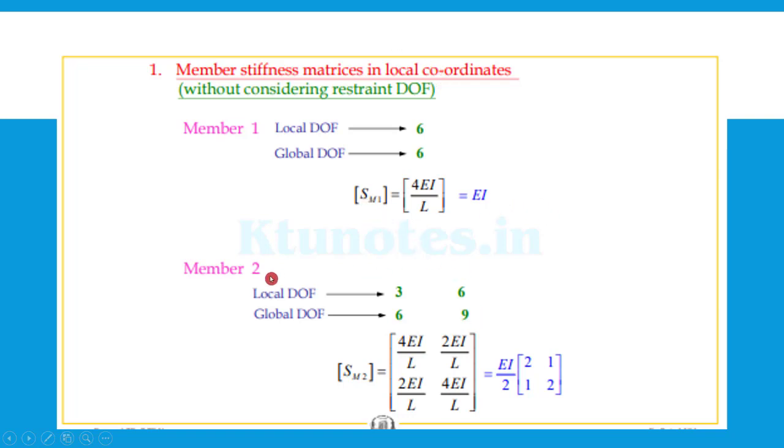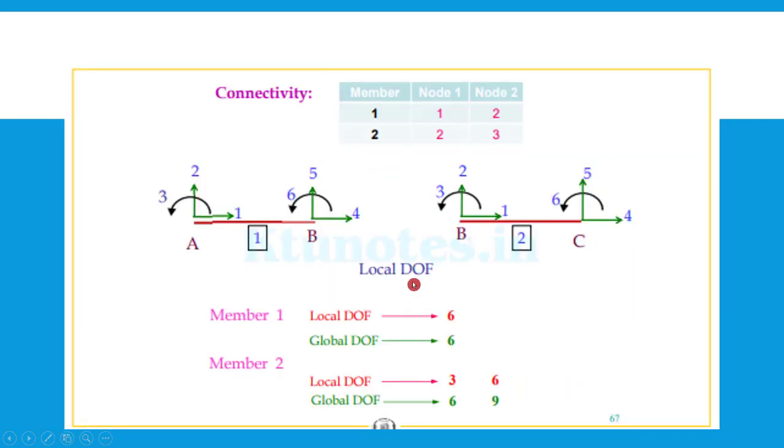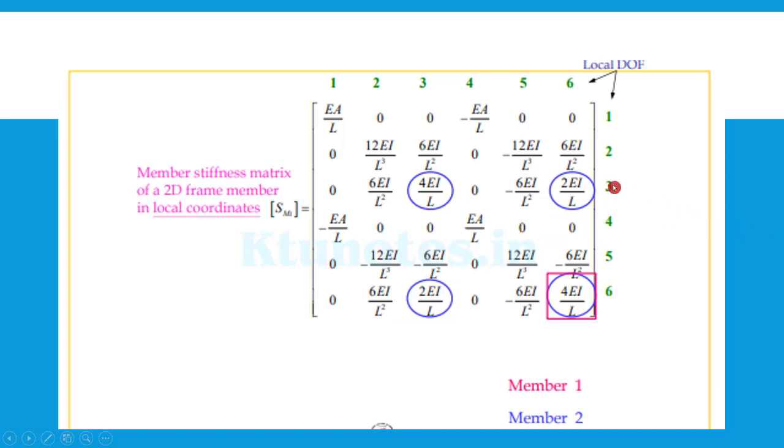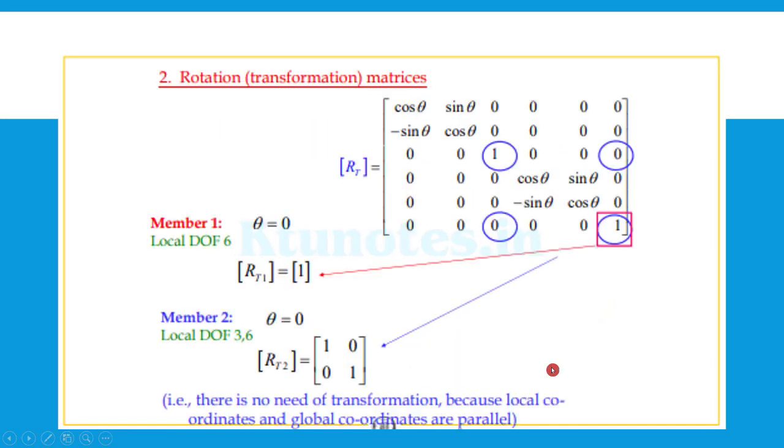And for member 2, we have 2 degrees of freedom, right? 3 and 6. So the corresponding 3 and 6 have to be taken. All other columns and rows will be cancelled. So 3, this one, 6. Here also 3, here also 6. So taking these 4 values out gives the value of SM2.